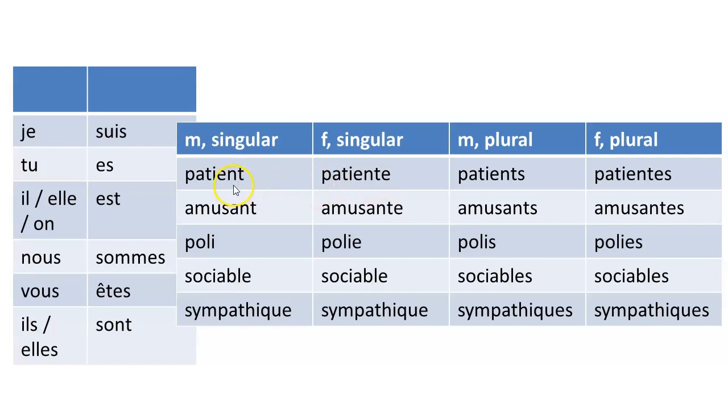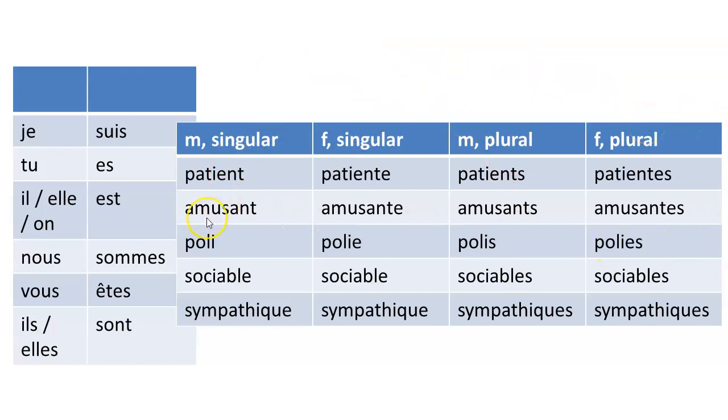Now in this video we're not going to practice with plural forms, but just so you know that there are masculine plural and feminine plural forms. So the adjective patient actually has four forms. It has patient, patiente, patient, and patiente. So the masculine singular and plural are pronounced the same, as well as the feminine singular and plural.